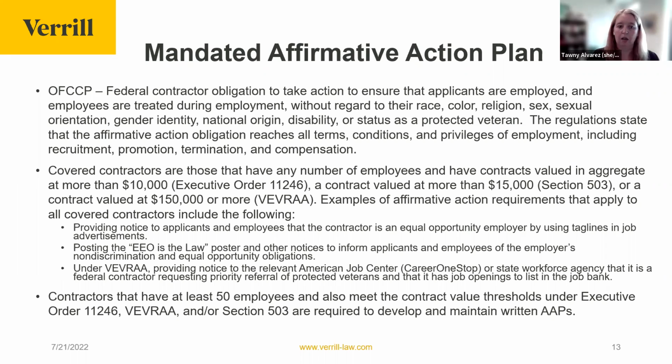So if you are a covered contractor, is how the term's most often used, you have a certain threshold of employees and you have contracts that are valued at more than $10,000 in an aggregate.